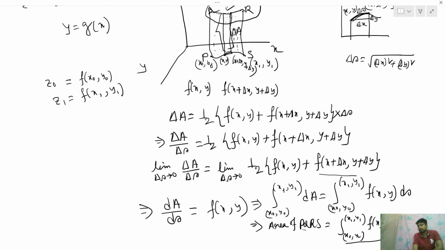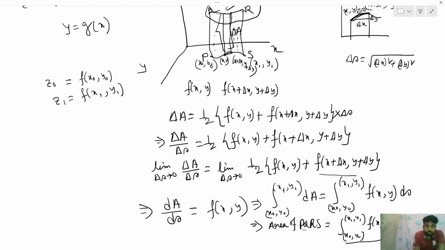And this is called the line integral of the function f of x y along this curve. The line integral gives here the area.